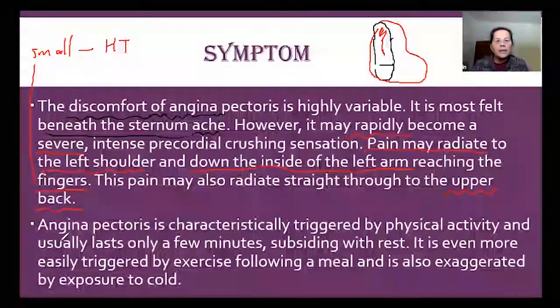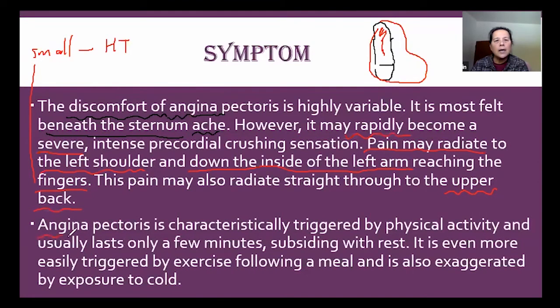In this kind of condition, angina pectoris, chest pain can be triggered by physical activity. When people do more physical activity, they need more oxygen. If the heart muscles don't have enough oxygen, it causes a painful situation.